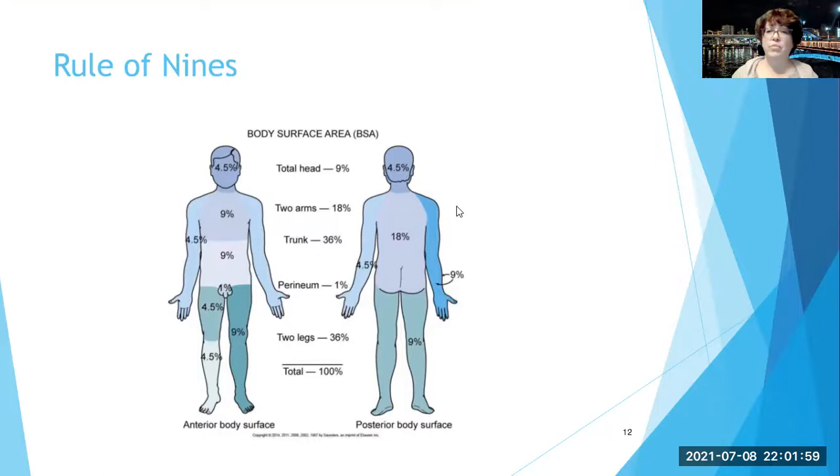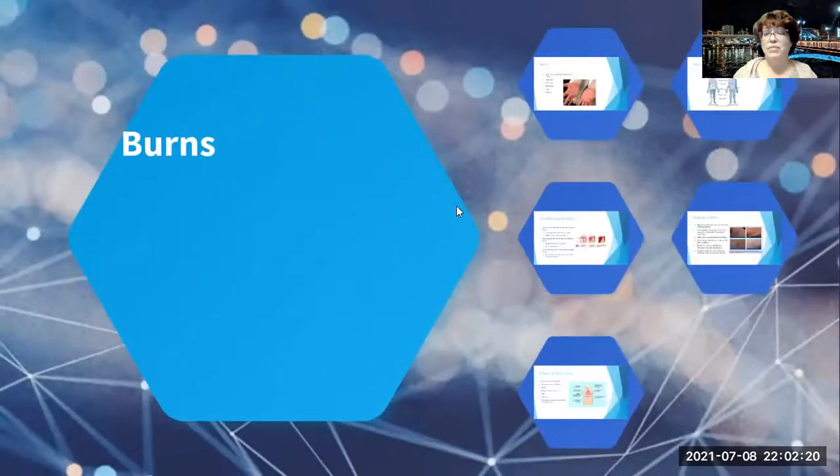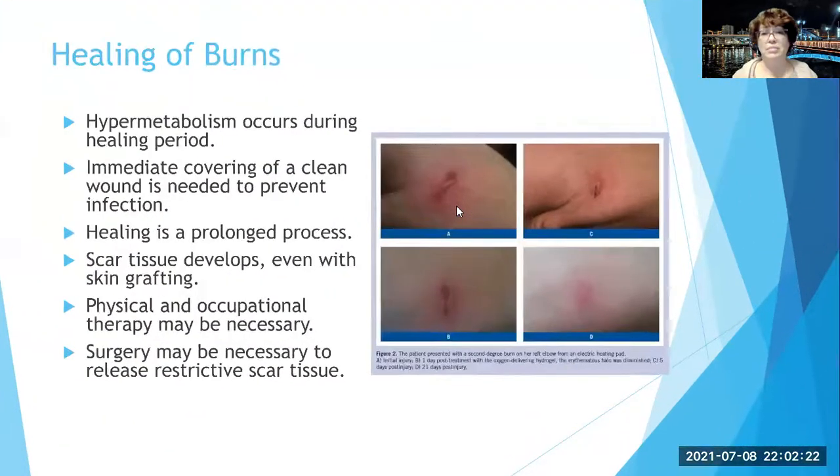So pediatric burn treatment and burn treatment in general is a specialized area of physical therapy. It's not considered entry level, of course. That's something that you would get continuing education in, but it can be a really interesting area because people need a lot of surgery and physical and other types of therapy to recover from burns.